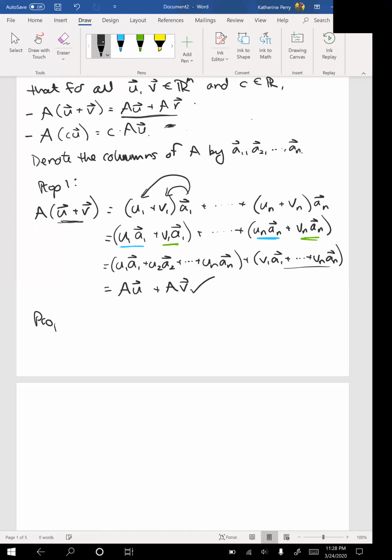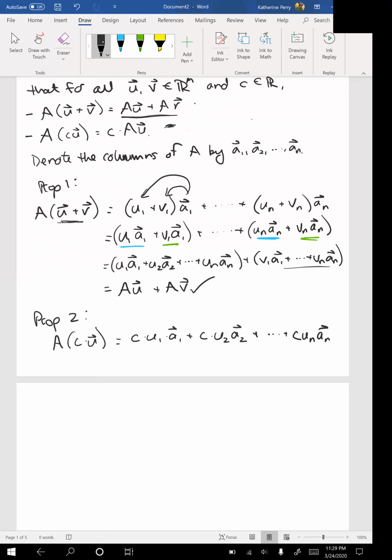So property 2, what I want to show is that if I have A times a constant times U, that eventually I get a constant times my matrix A times U. So if I do that, I'll use the same trick as before, and I'll say that this is just my first entry in my vector U, so that would be C times U1, where both of these are just numbers, times the first column of A. And similarly, I would have C times U2 times the second column of A, all the way down to C times Un times the nth column of A.